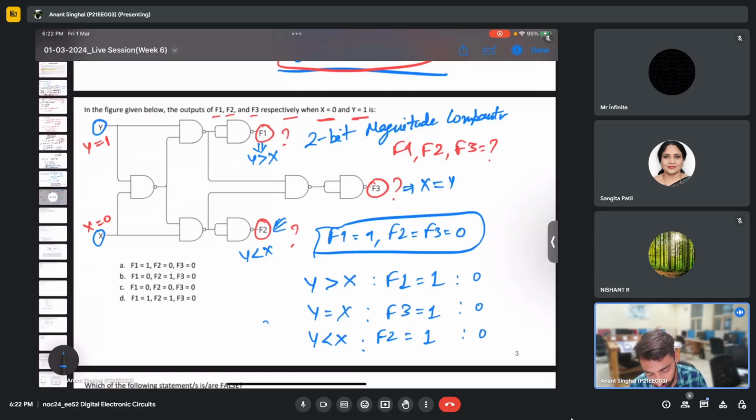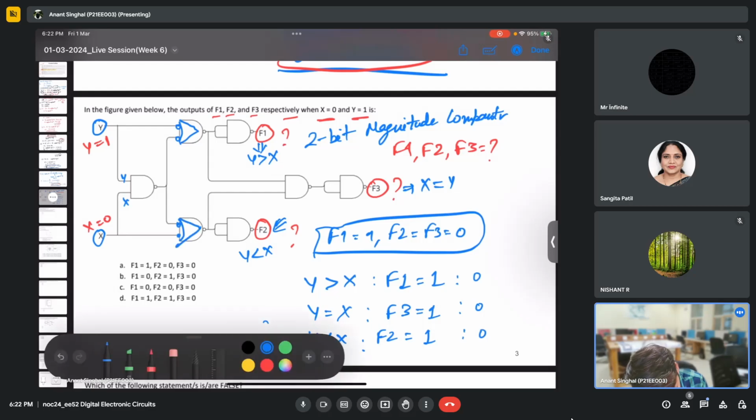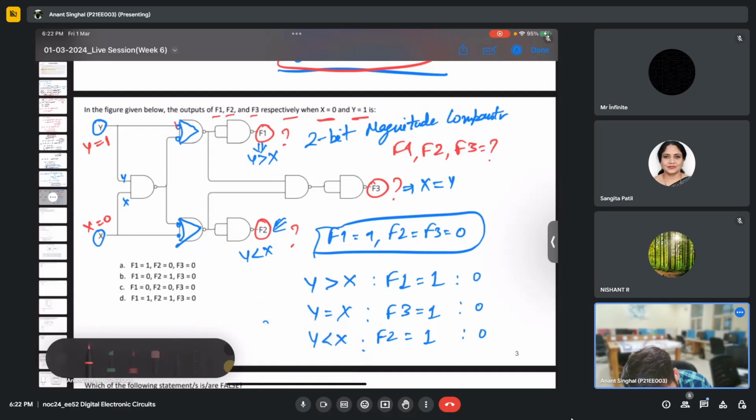So let's also try to find out the relation. This is x and this is y, and this is getting NAND. If you know that we can make this circuit in the AND-OR implementation, we can make this circuit like this, and we can cancel out these NOT gates.